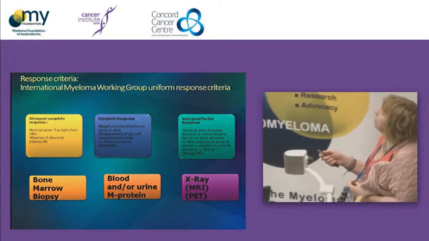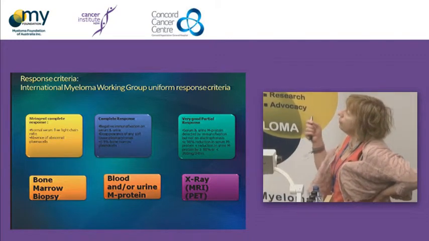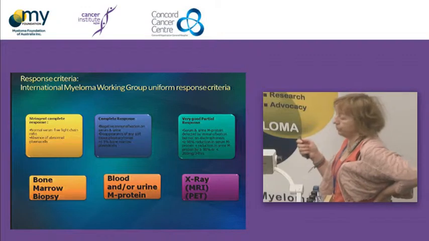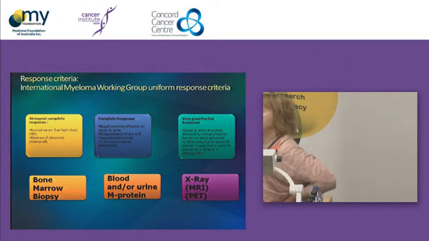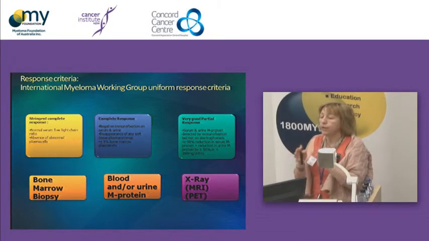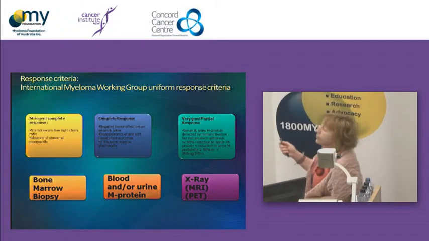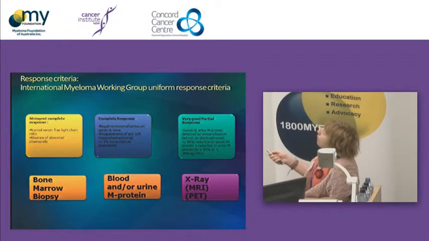So, in conclusion, for myeloma there are very well-established criteria to categorize the response to treatment. There are three levels of response: one is stringent complete response, one is complete response, and then there is a very good partial response.